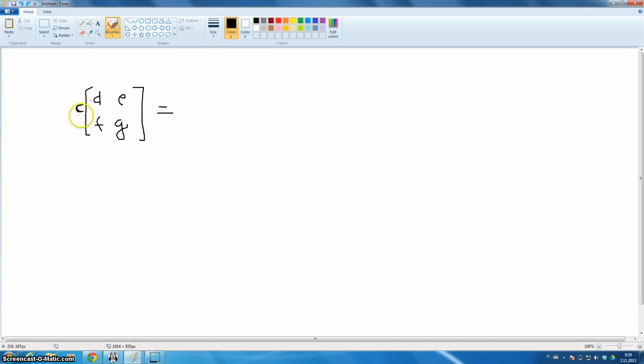We multiply: this element is C times D, this element is C times E, this element is C times F, and this element is C times G, and so we have a next matrix.